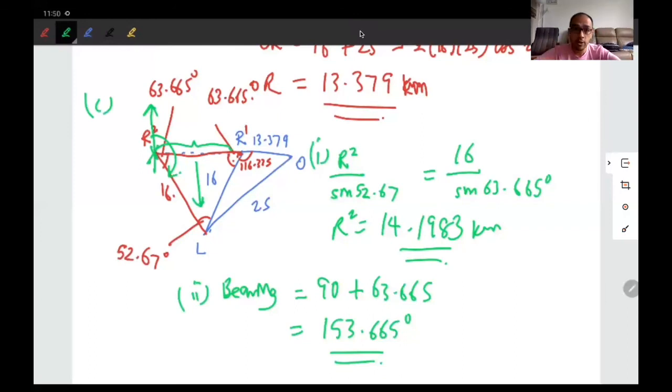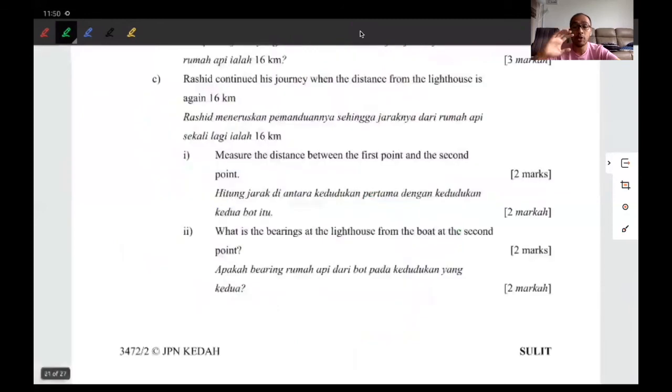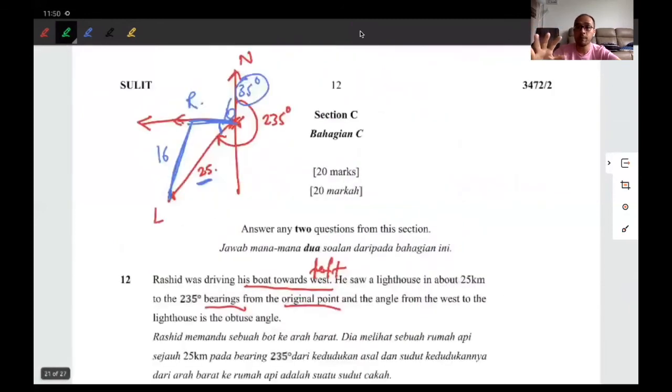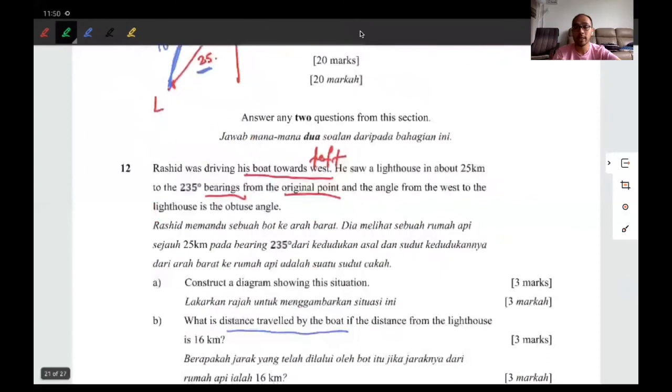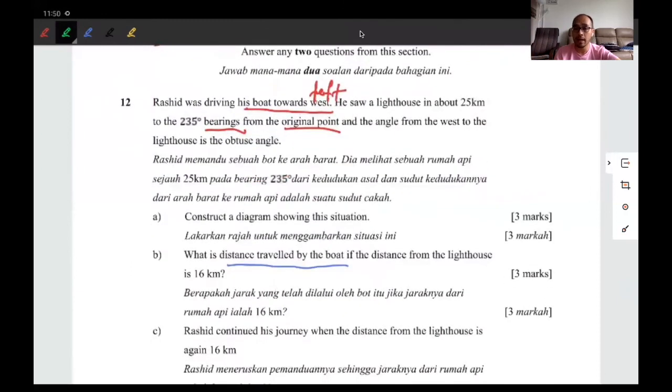Is this a difficult question? Yes, I would say out of a difficulty of 5, this is a 4. Because there is absolutely no diagram given for you, which makes matters worse. And secondly, there is the added element of bearing. So if your bearing in Modern Maths is not reliable, then this one is very dangerous for you.